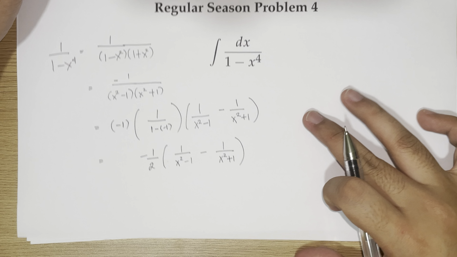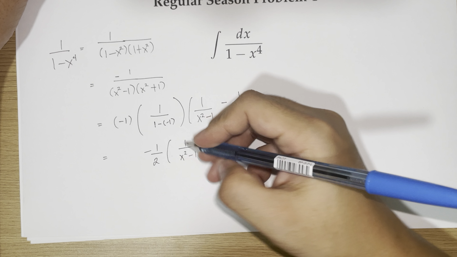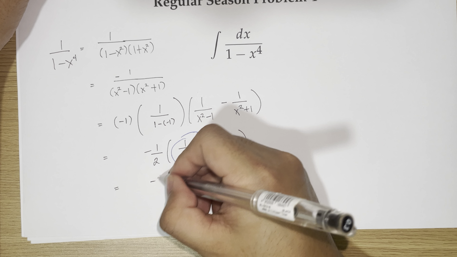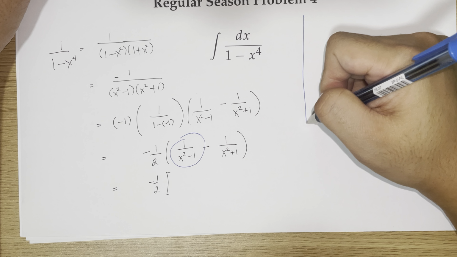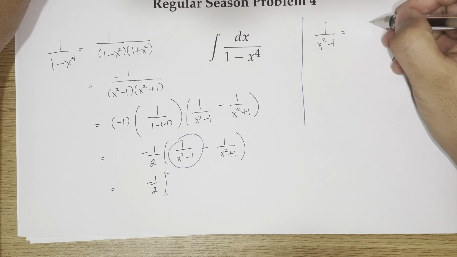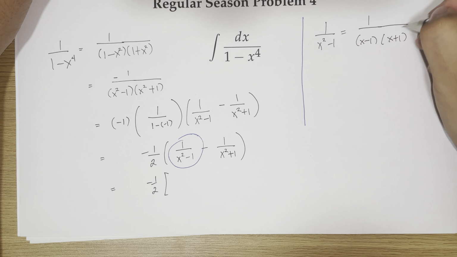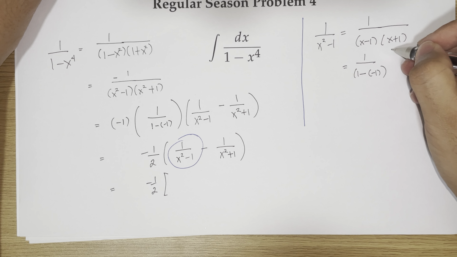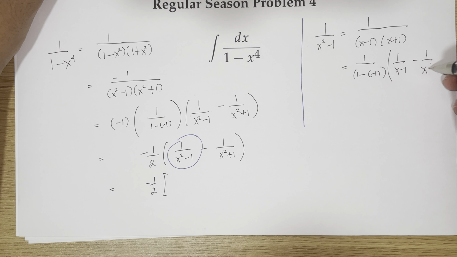Get it? Again, we have here a difference of squares, so we can do the same partial fraction decomposition. I'll put it on the other side: 1 over x squared minus 1 is 1 over x minus 1 times x plus 1. We can do the same: 1 over 1 minus negative 1 times 1 over x minus 1 minus 1 over x plus 1.